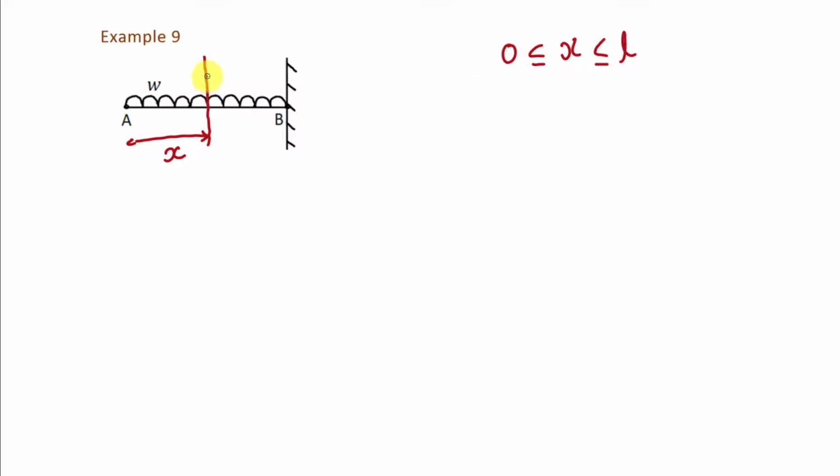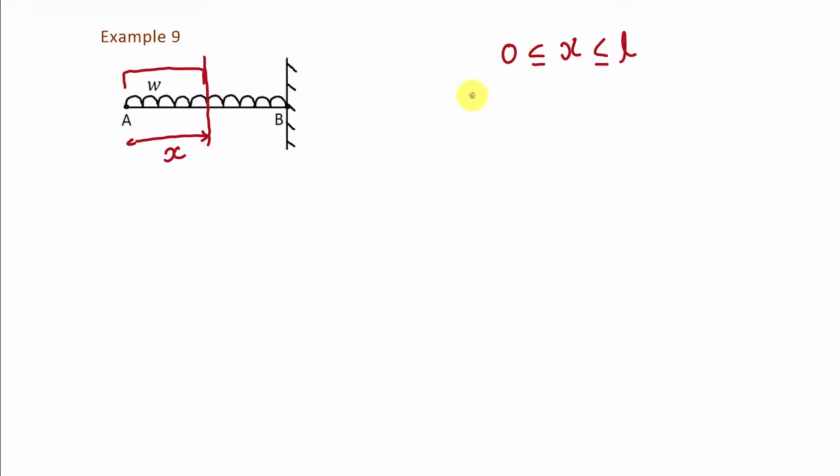We know that to find out shear force at this section, we have to take sum of all the transverse forces that are acting at the left side of this section. So here you can see at the left side of this section, there is this uniform distributed load acting. And what will be the value of total load by this uniform distributed load?